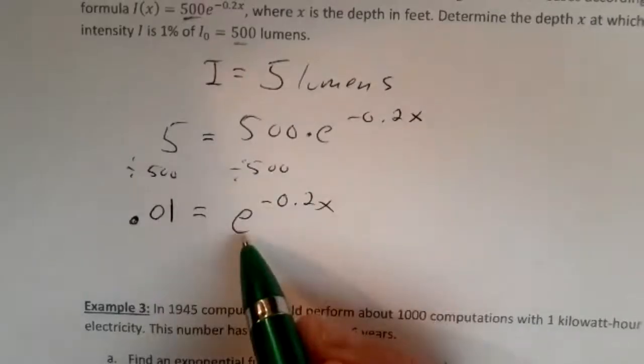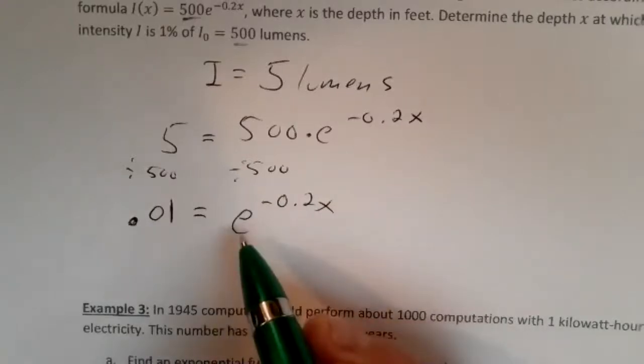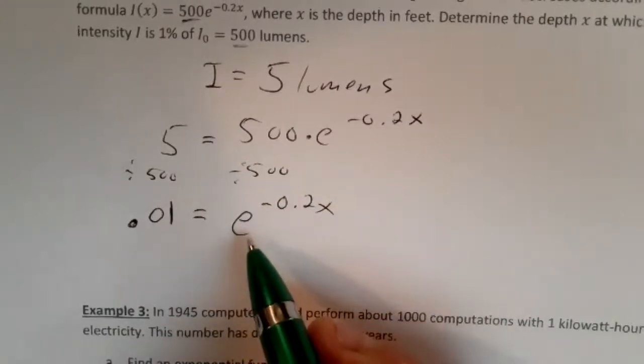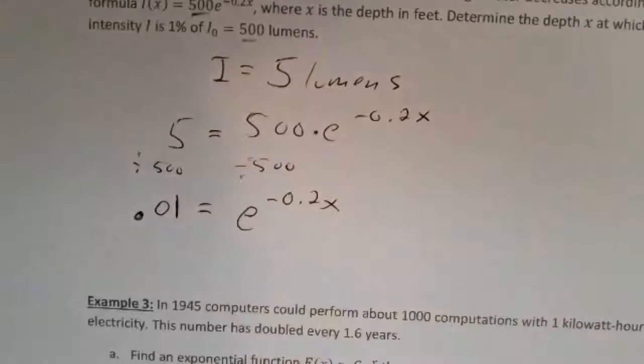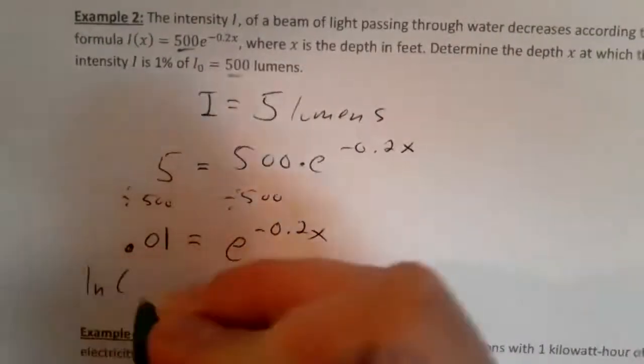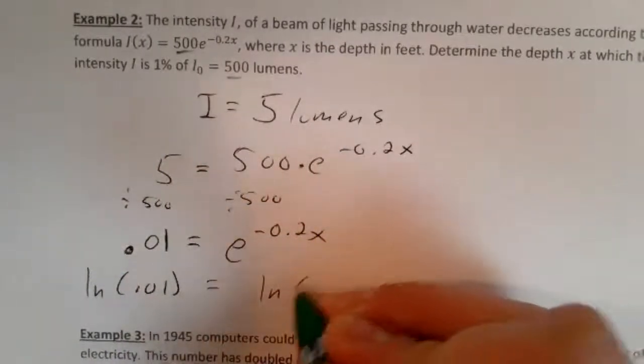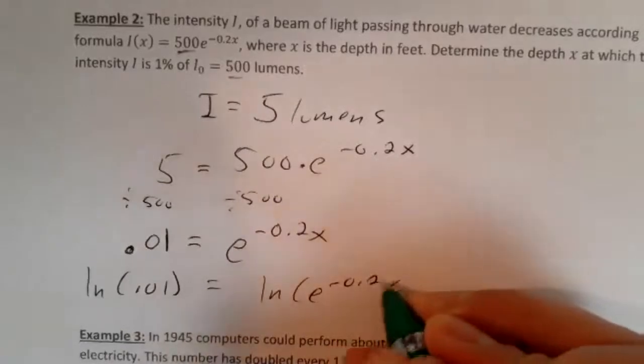Okay. And if I want to do this, now I have my exponential all by itself. If I want something that undoes a natural exponential, the thing that undoes a natural exponential is a natural log. And so if I take a natural log of both sides, I guess I'll write this middle step in here.